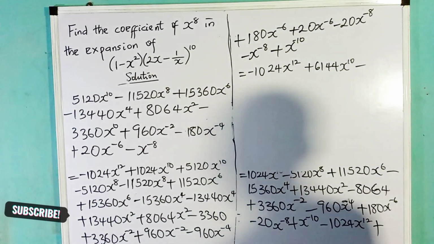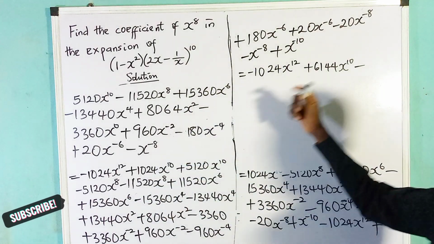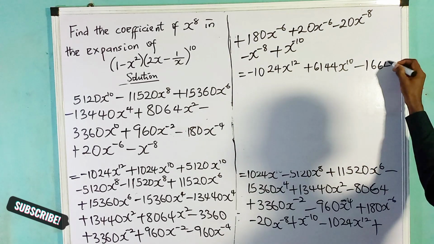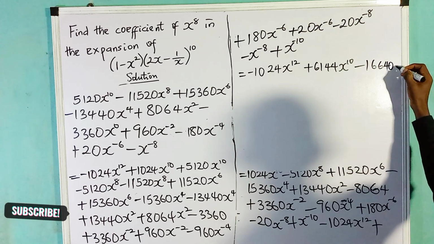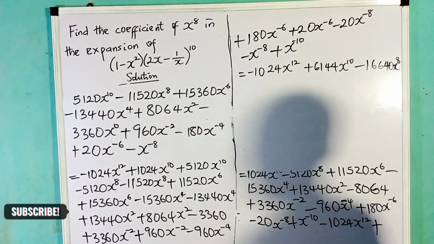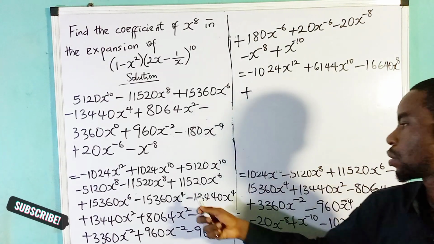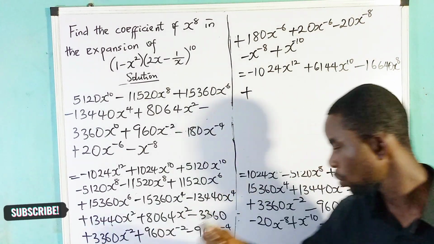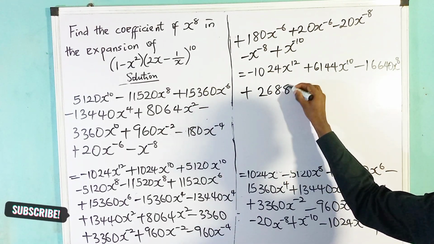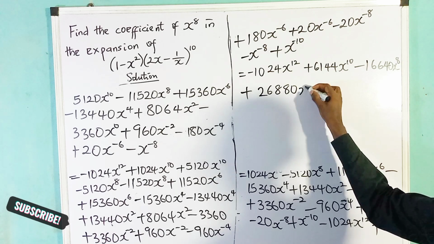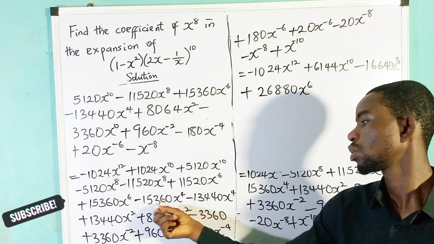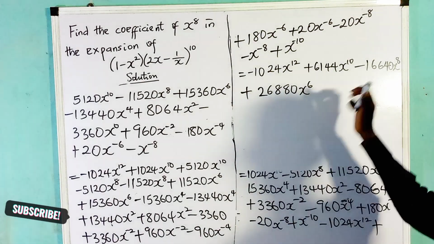So minus 5120 minus what we have here is minus 16640 x raised to the power of 8. Okay, so plus, we're adding these two numbers now. That is 26880 x raised to the power of 6. The same thing, add these two numbers, just write minus at the back.